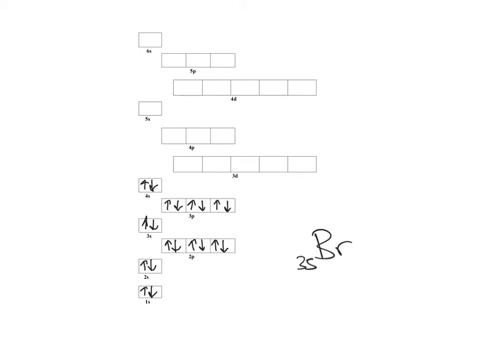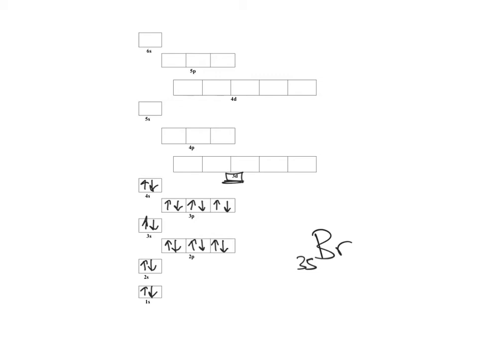And then we get to this thing that's 3d, which is a little bit weird. It's because you would assume that the 3d would come under the 4s because it's got the 3. That must mean it's on the 3rd energy level.